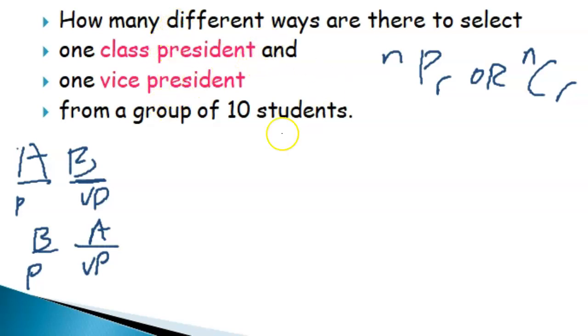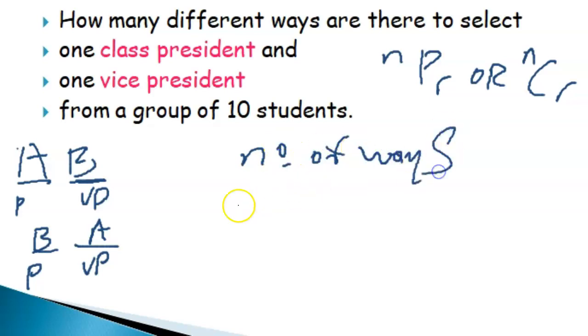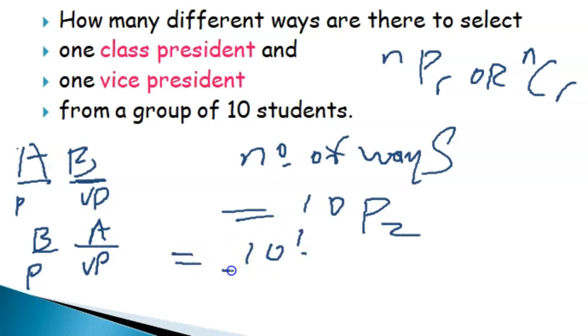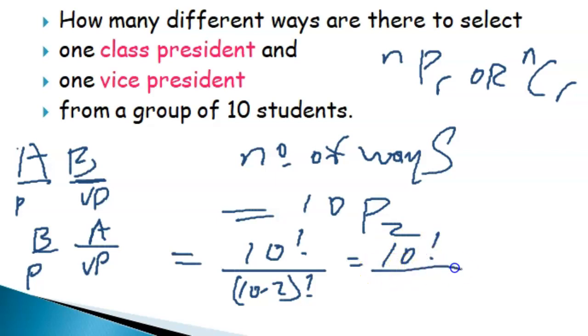So the number of ways in this case will be 10P2, and applying the formula, that's 10 factorial over (10 minus 2) factorial, which is equal to 10 factorial over 8 factorial.